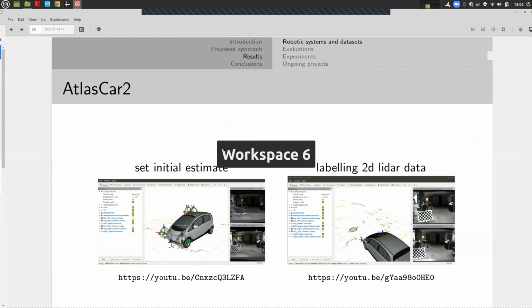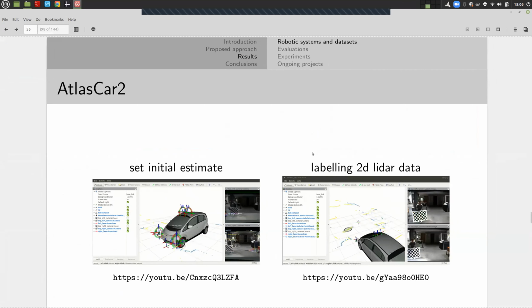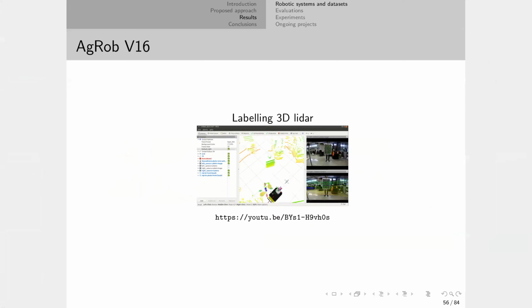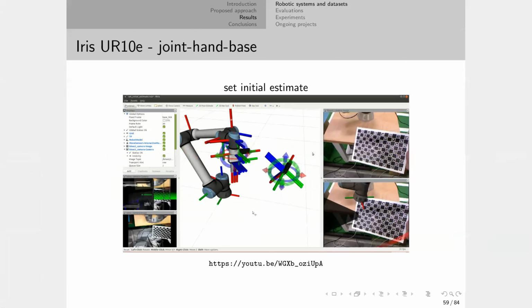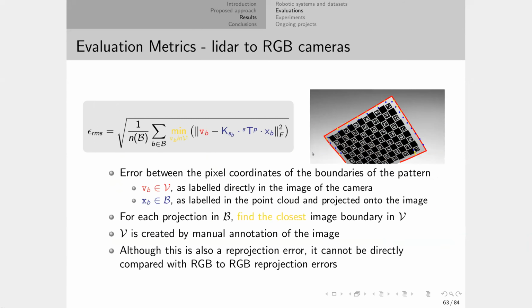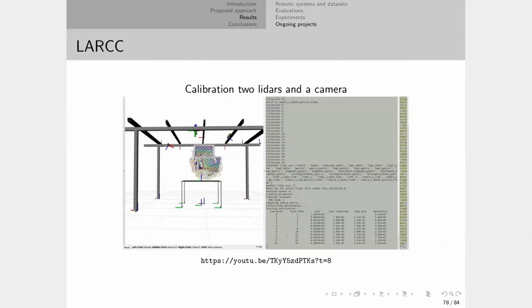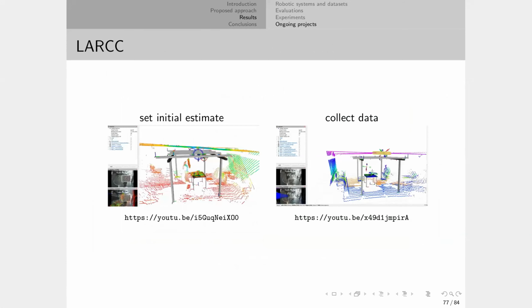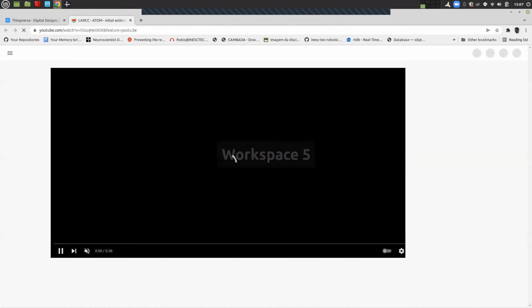So the large CC is this that you have there in the robotics laboratory, up there on the top floor. You have this cell with many cameras and lidars, well, you can take a look.